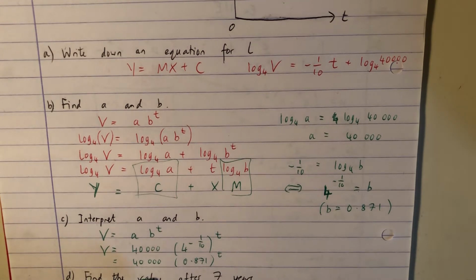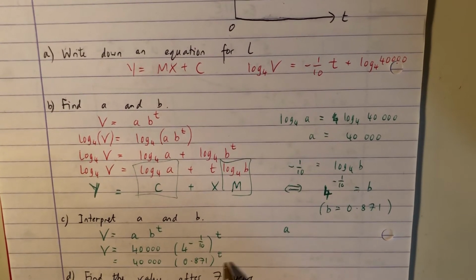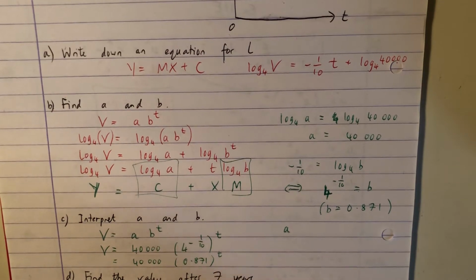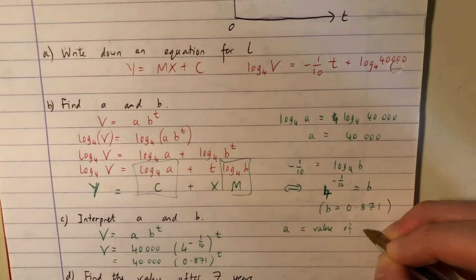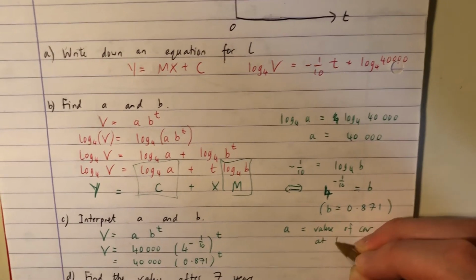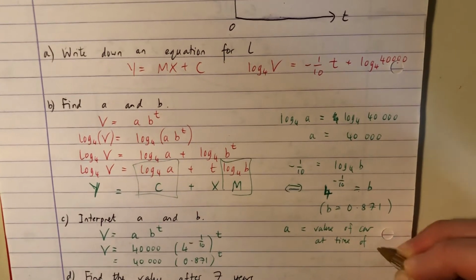So a is the easiest one to come up with an answer for, because if you replace t with 0, i.e. the time of purchase, 0 years after you first purchased it, you would get 40,000. So a represents the value of the car at the time of purchase.